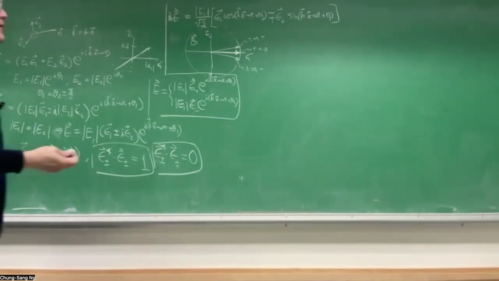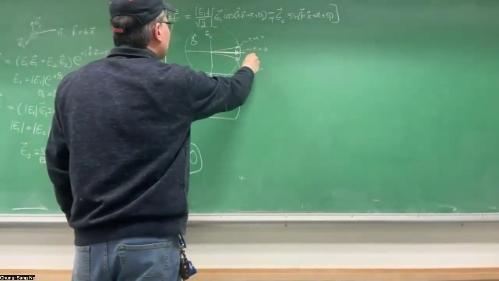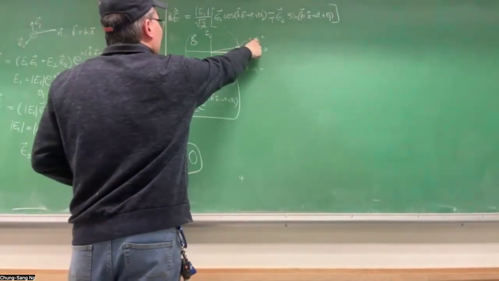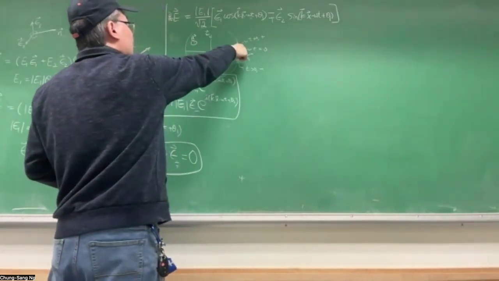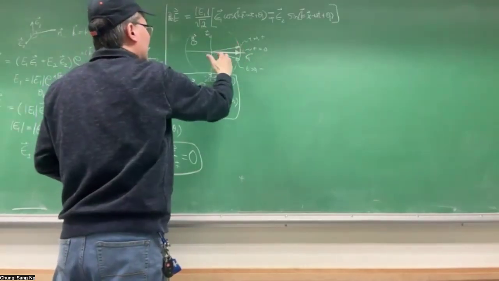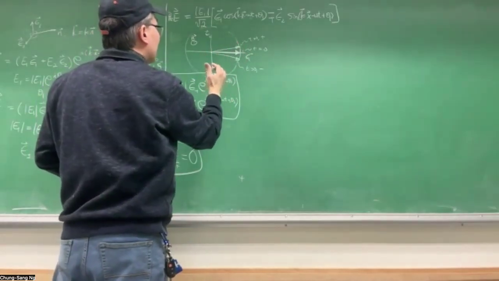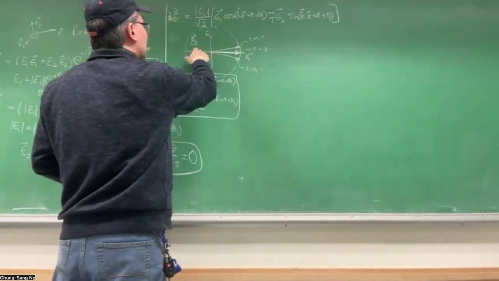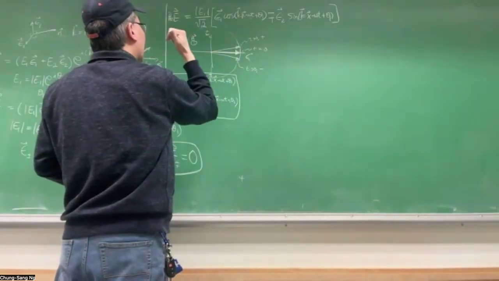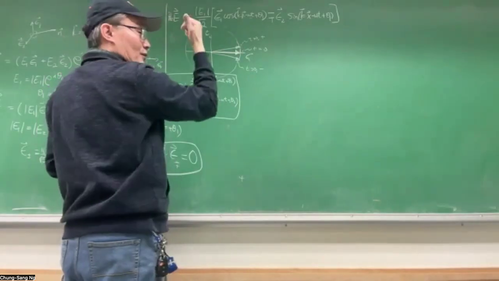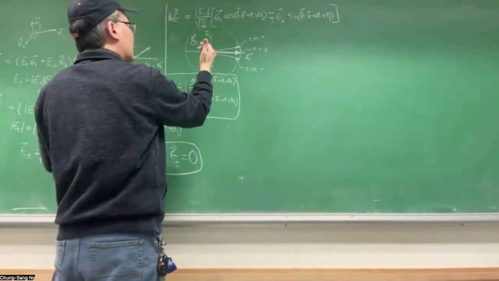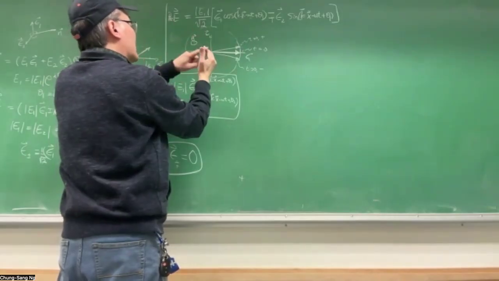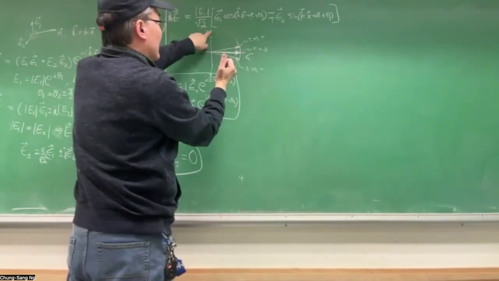Now the plus sign is rotating counterclockwise, and also the wave propagating direction n is out of the board. So you use the right hand, use the thumb as the propagation direction, and the fingers are rotating counterclockwise.